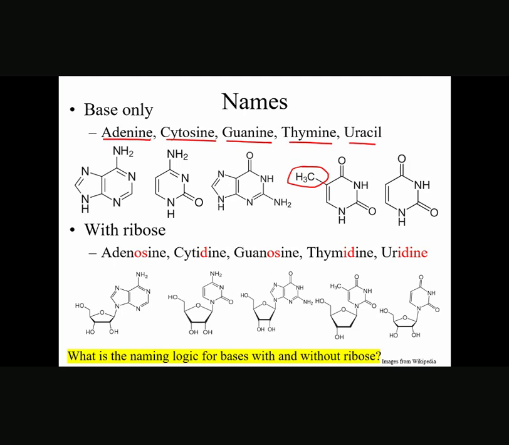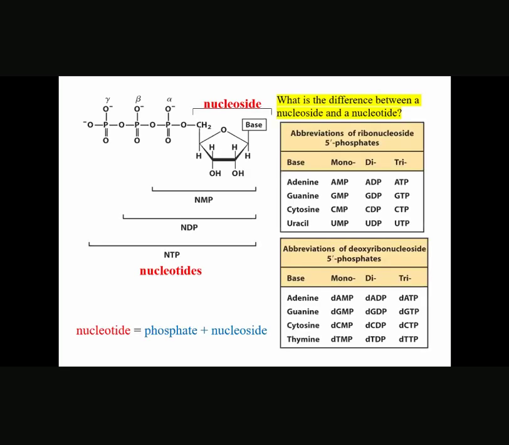The reason we call it a base is because these are nitrogen structures, meaning they're very basic as far as pH is concerned. One other thing that I've gotten better at: the nucleosides are when we have the base attached to the ribose ring. But as soon as we attach a phosphate to it, it's a nucleotide.